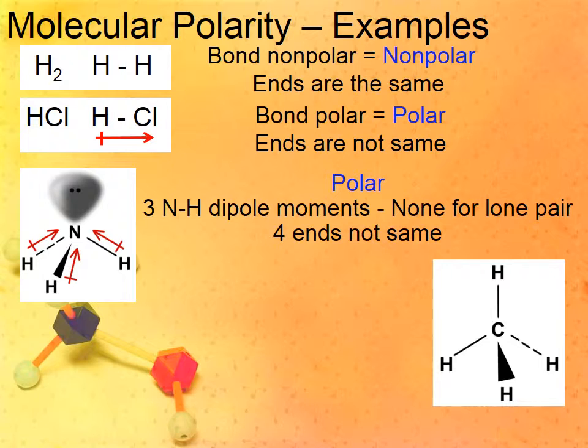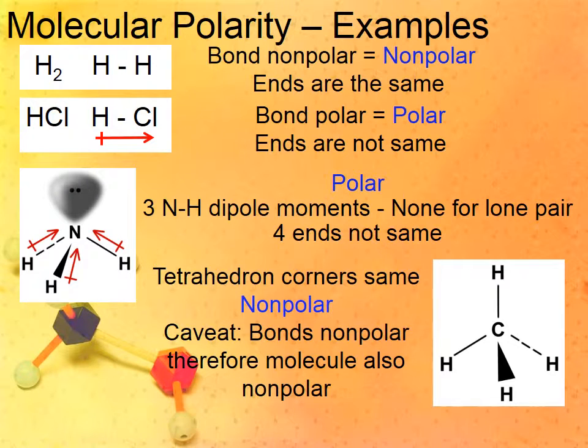Therefore, since the molecule is made up of nonpolar bonds, there is no way that the molecule can be polar. Another way of saying this, of course, is that the corners of the tetrahedron, the ends, the extremities, are the same. Therefore, the molecule is nonpolar. One thing to look out for in this molecule and in future ones, and this is one of the caveats, is that there is no way that the molecule could ever be polar if the bonds are nonpolar.